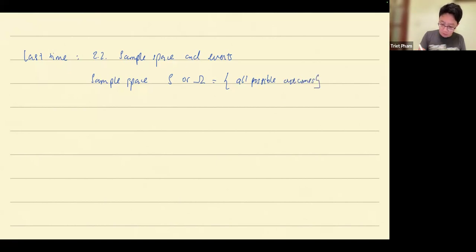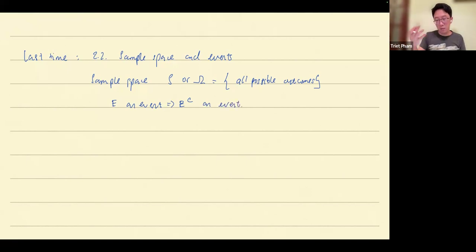And then events will be closed under complement. So if something is an event, then not something is also an event. And if you have a sequence of events, then the union is an event.